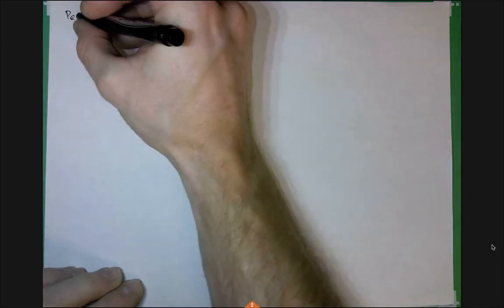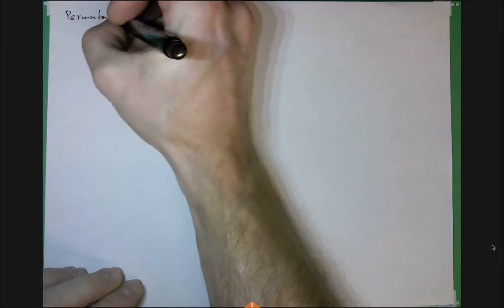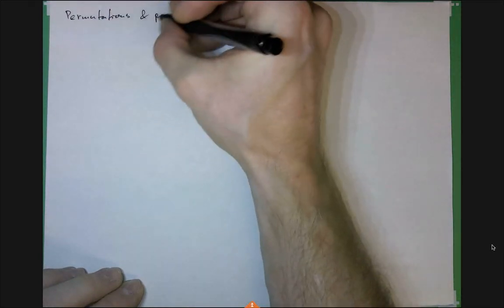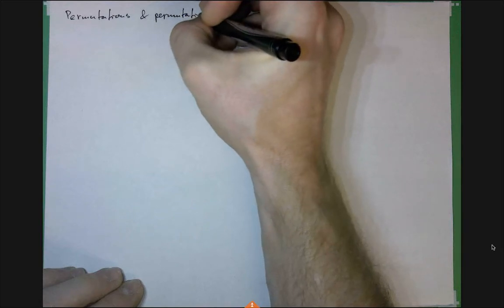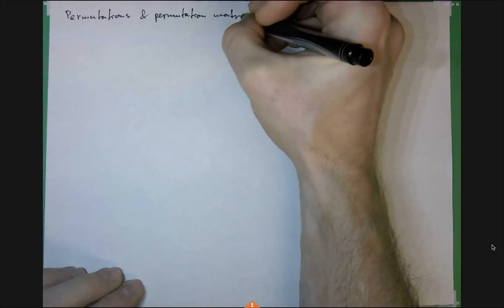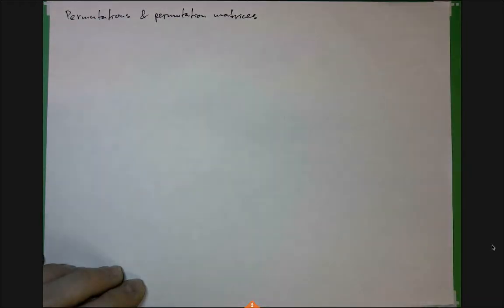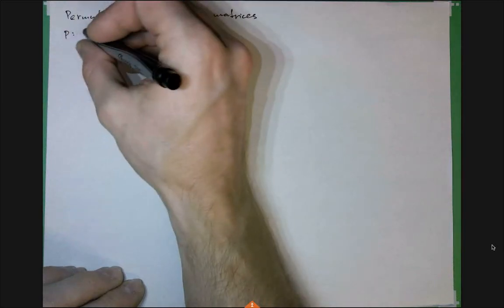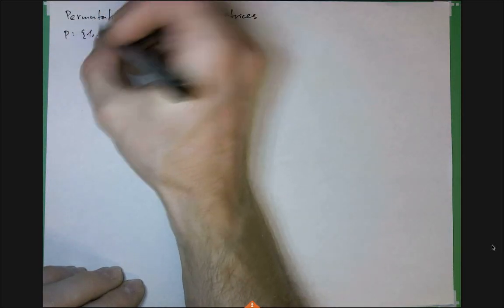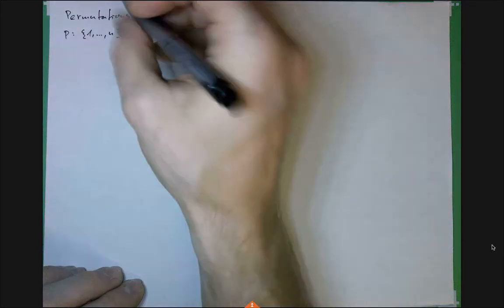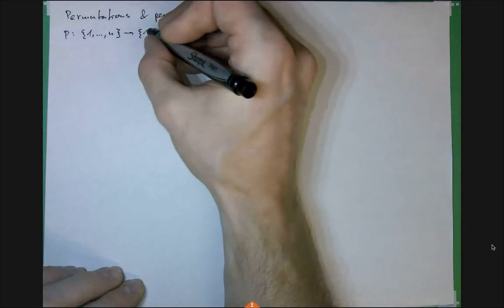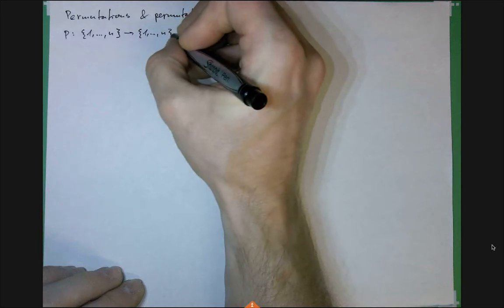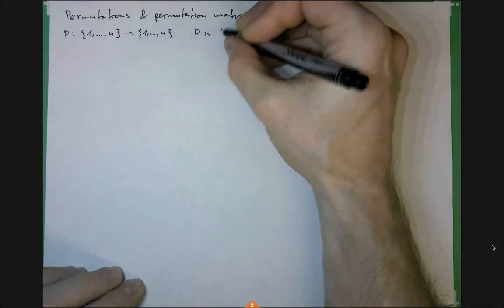So we have to start by reiterating what permutations and permutation matrices are. Do you know what a permutation is? The general definition? A permutation P is a mapping on the set of numbers from 1 to n, a function from the set of numbers 1 to n to 1 to n, such that P is bijective.